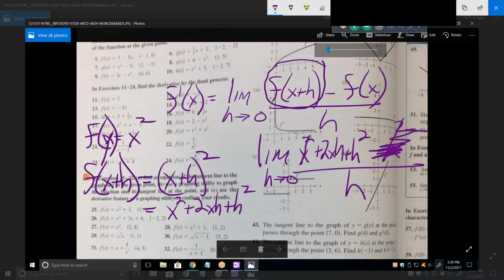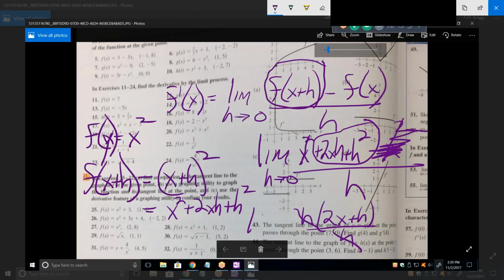So notice that the only two terms I'm left with in the numerator are those two. And I can factor an h out. Once I factor that h out, I'm left with 2x plus h all over h. These h's cancel.